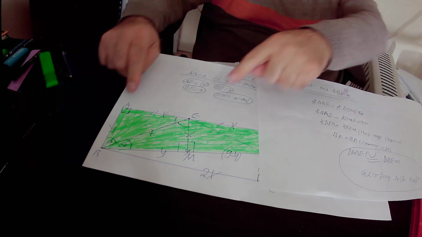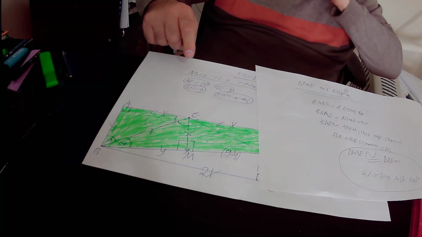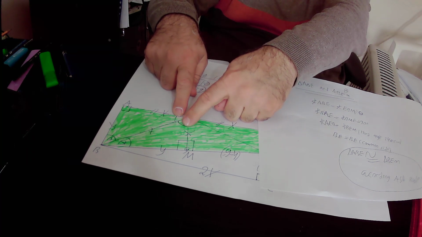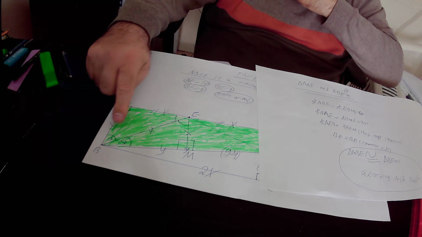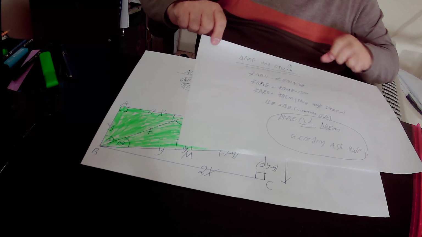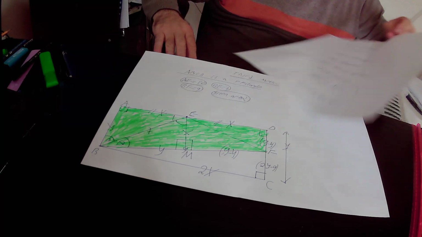We have those two angles, they are right angles, so they are equal to each other. And we also have those two angles equal to each other according to the third angle theorem. And we also have a common side. EB is a common side, it belongs to both triangles. So we proved that those two triangles can go into each other according to the angle side angle rule.